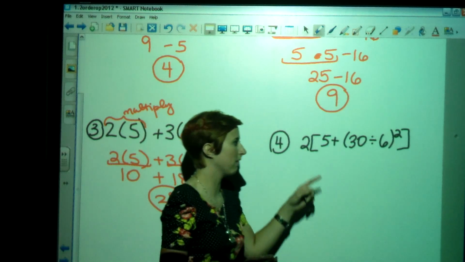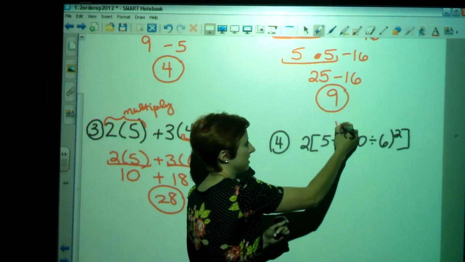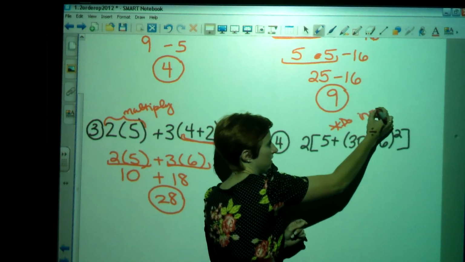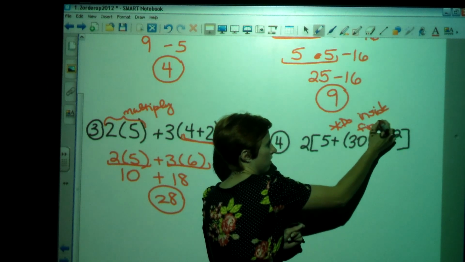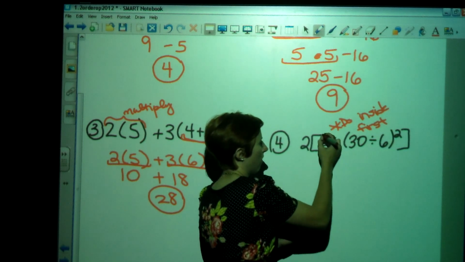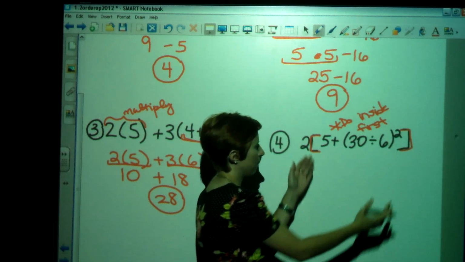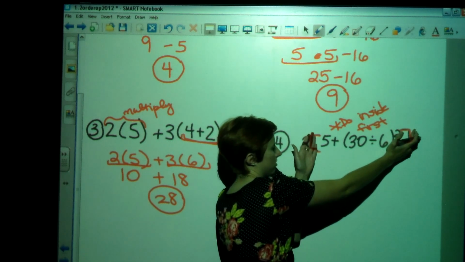Now, whenever we have a bracket and a parentheses, we have to do what's inside first. So I look at my bracket, and I have to say what's in here that I need to do first.